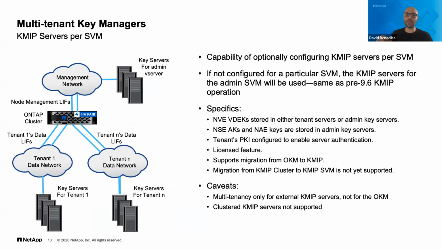So you can have an external key manager for one single tenant using, let's say, HashiCorp Vault, and a different tenant for a different customer using their own external key manager. You can really segregate the key managers and have them split across one single appliance. So it's called multi-tenant configuration for external key manager.